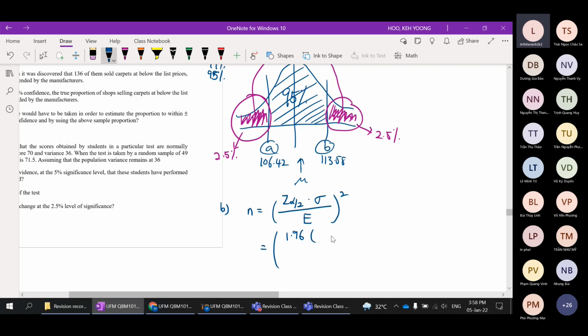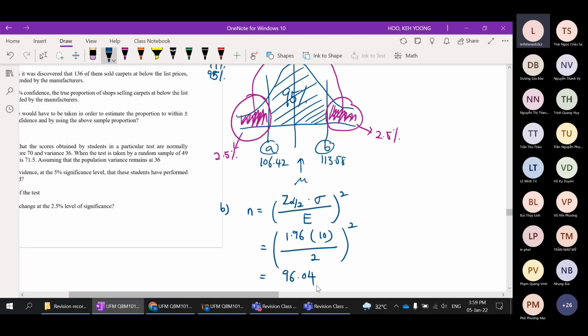Then population standard deviation is given, equal to 10, divided by sampling error. Sampling error here is 2. You don't want to exceed 2 km per hour, and then you square it. So what is the answer you get? 96.04.